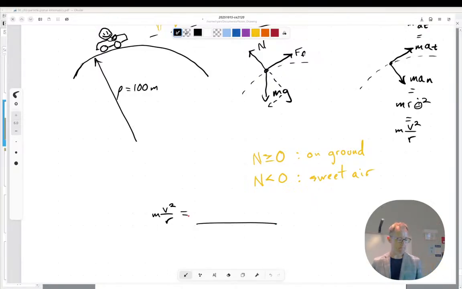Yeah. Okay. I like that. Yeah, give it a shot. So we'll take the component of mg that is normal and set that equal to v squared over r, and we'll see where we end up.